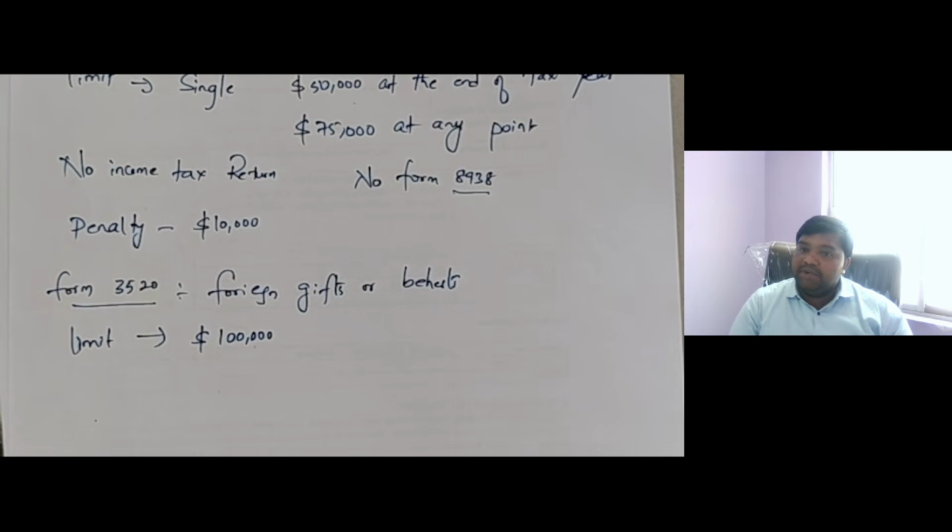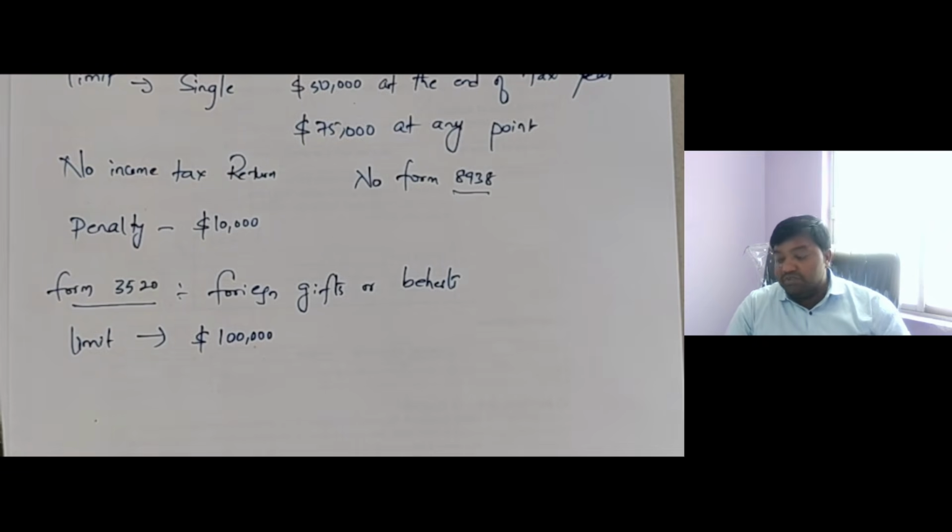Let's say your grandparents are staying in the UK. In their will they have written that my house after my death should go to my grandson. Unfortunately they have expired, and the administrator who is distributing the estate informed you that this house is yours. So this is a gift from your grandmother or grandfather.